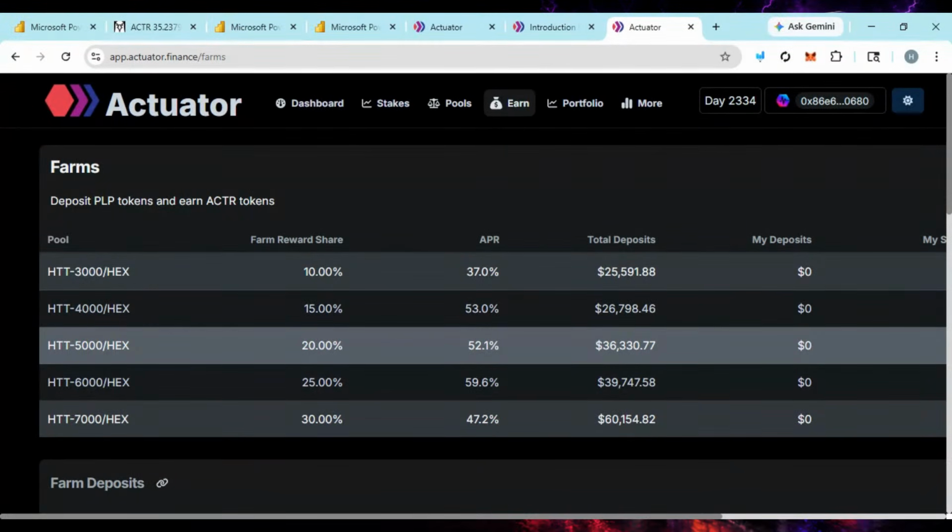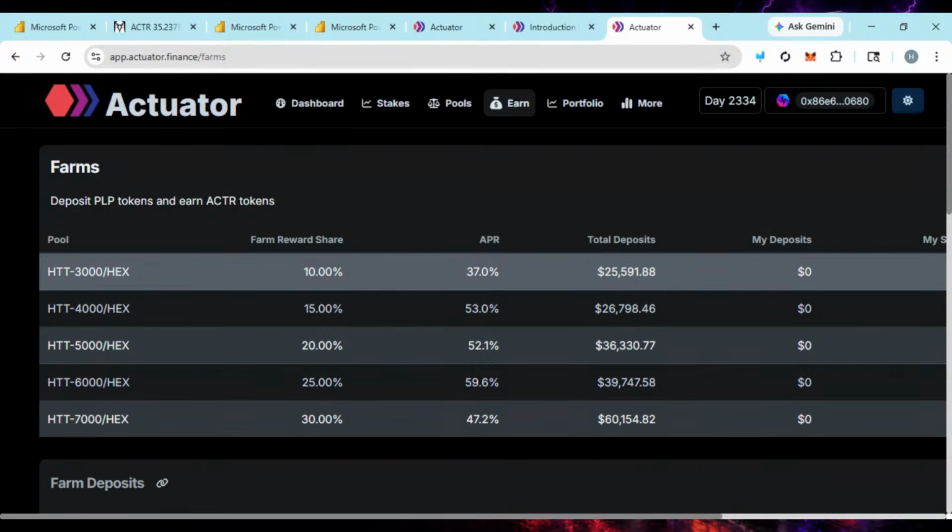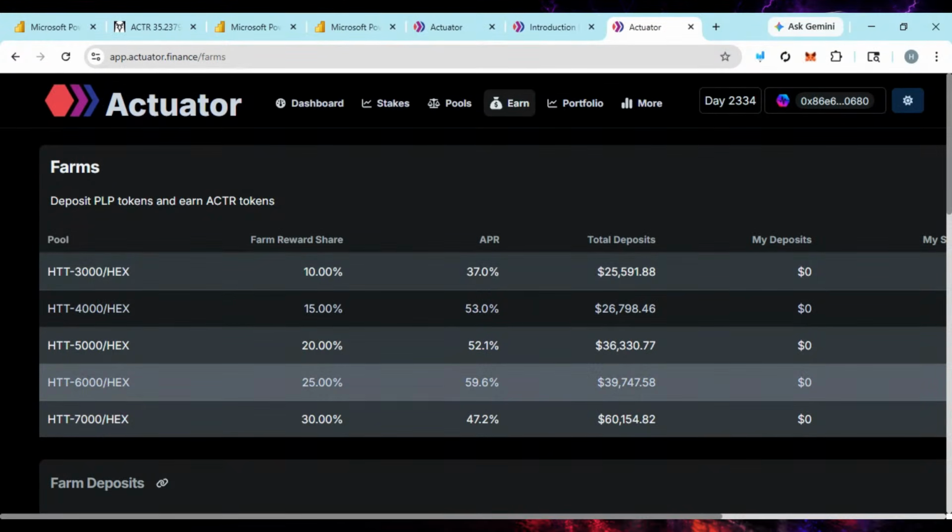I know there's a lot of people utilizing, I say a lot, again, remember, it's a smallish community. We've got a couple hundred people that are interested in Actuator at this time. A lot of people watching, but not necessarily pushing buttons, right? But anyways, within this, we've got APRs running anywhere from 37% to 59% based on dollar value.